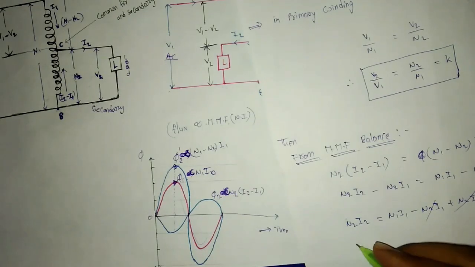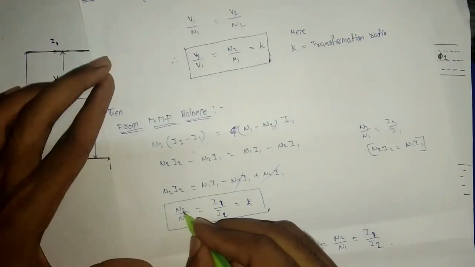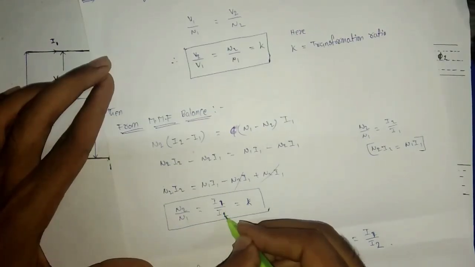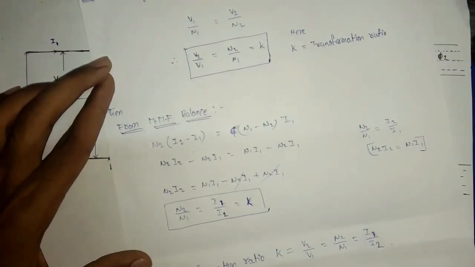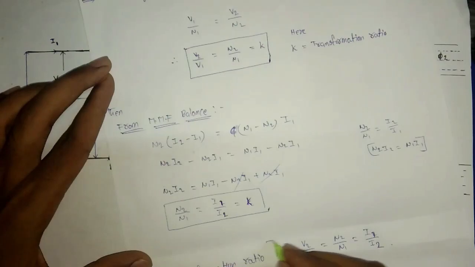Then N2 I2 equals N1 I1. Then N2 by N1 equals I1 by I2 equals K. Here K is the transformation ratio. Therefore, transformation ratio K equals V2 by V1 equals N2 by N1 equals I1 by I2.